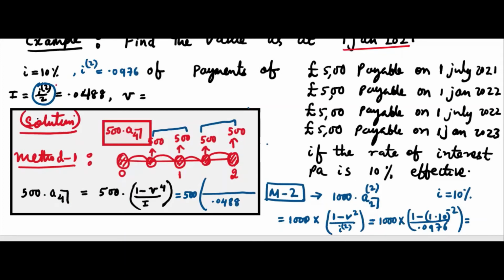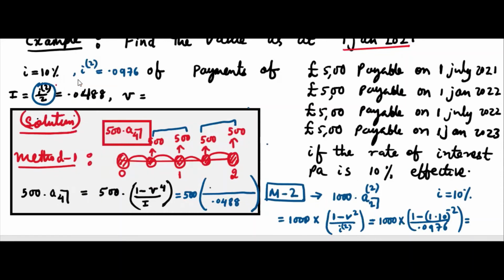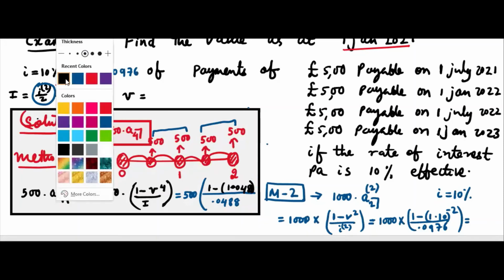And then you write here 1 minus v to the power 4, 1 plus i to the power, i is 0.0488. See here 1.10 to the power minus 4 here. v to the power 4, to the power minus 4.